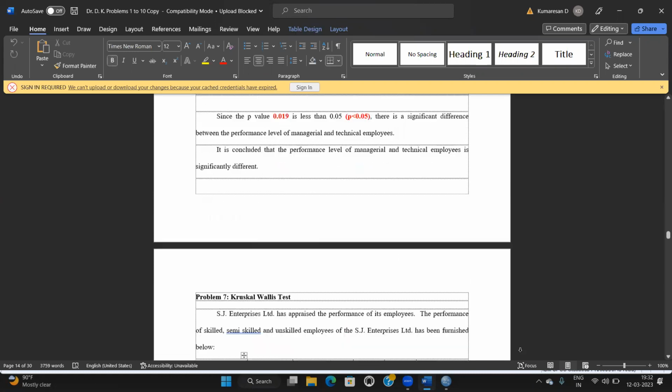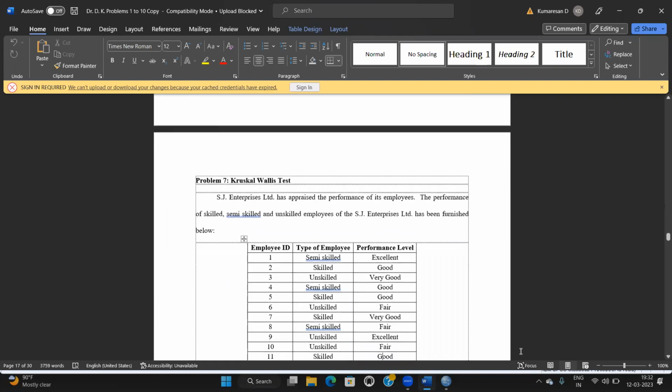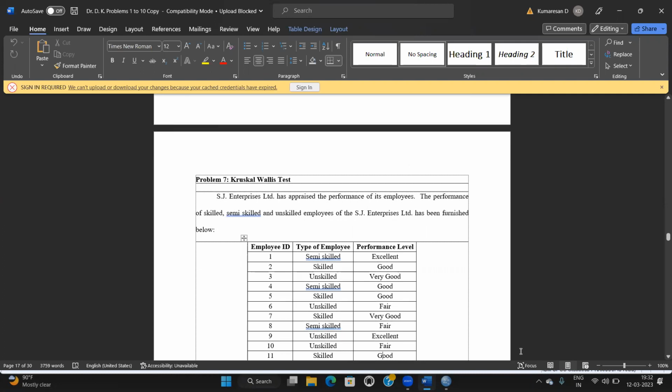Next one, Kruskal-Wallis test. Look at the problem. I think it is the same problem. The independent variable is different. Earlier it was nature of job. Now it is type of employee: skilled, semi-skilled, and unskilled.